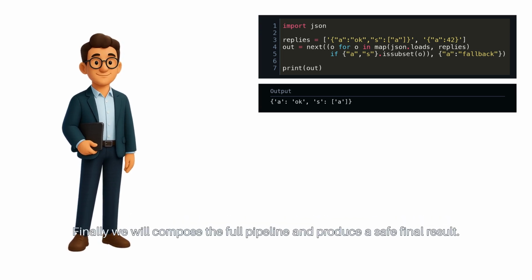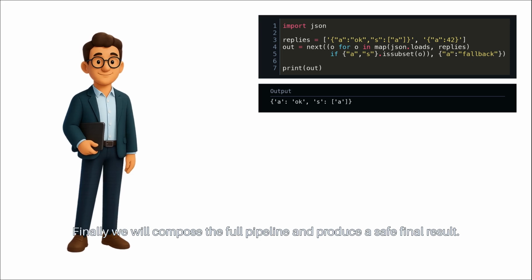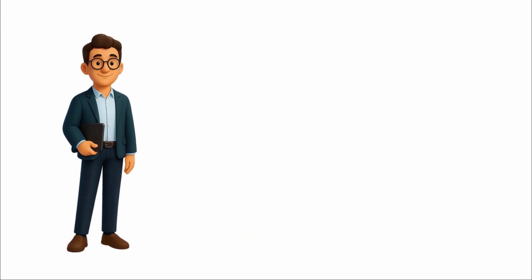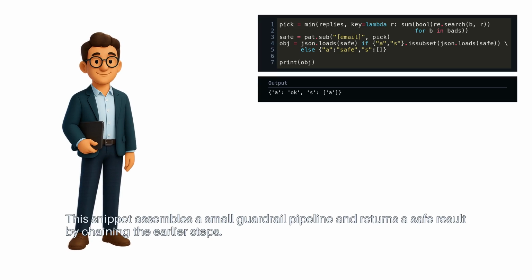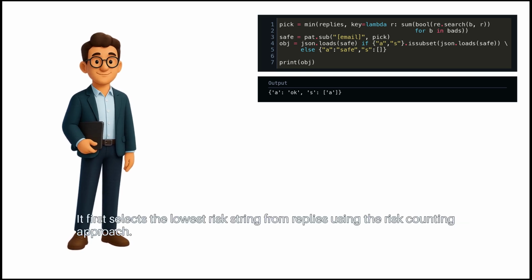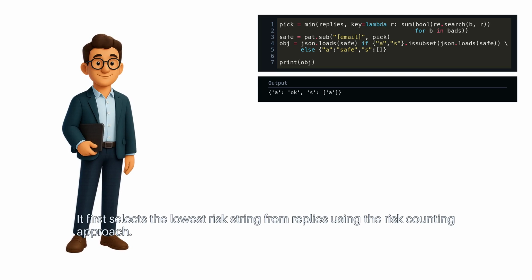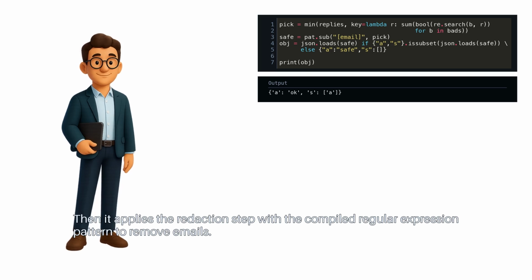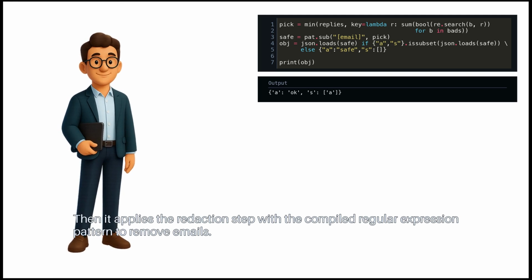Finally, we will compose the full pipeline and produce a safe final result. This snippet assembles a small guardrail pipeline and returns a safe result by chaining the earlier steps. It first selects the lowest risk string from replies using the risk counting approach. Then it applies the redaction step with the compiled regular expression pattern to remove emails.